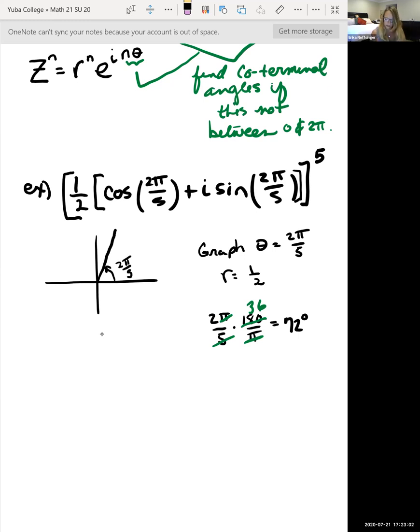And this r value is how far we're going out, which is 1/2. I'm just going to mark my 1/2 up here.